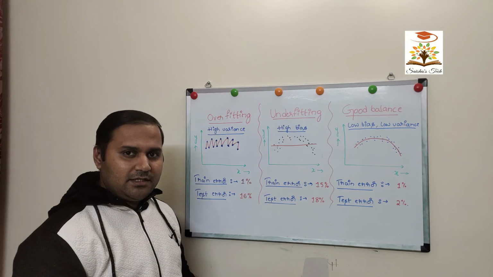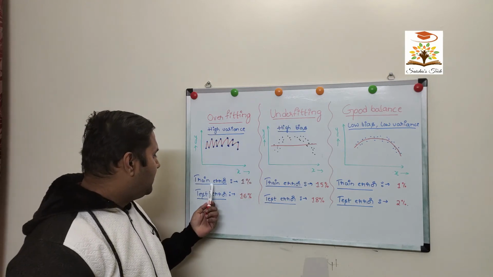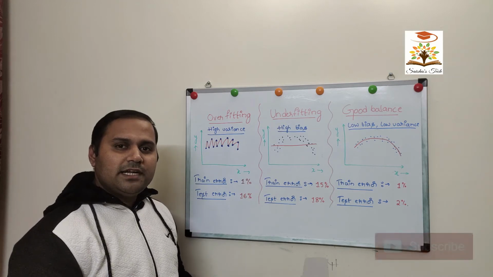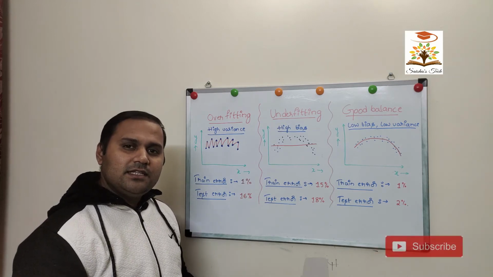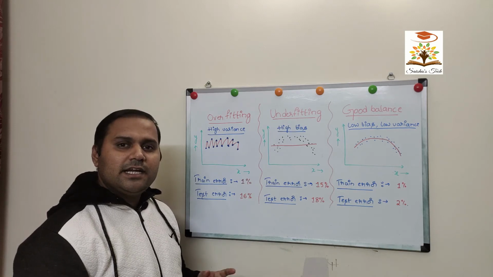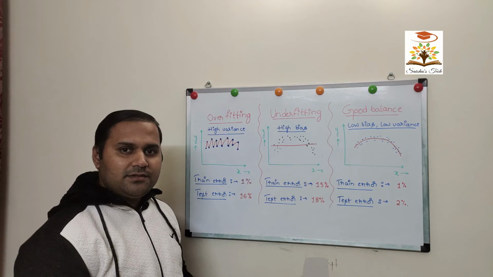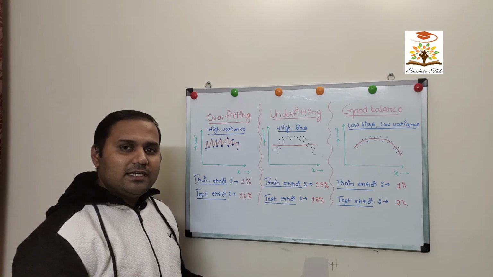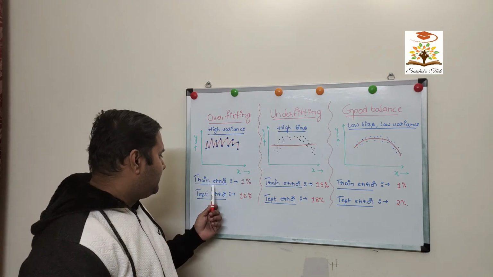In terms of error, we take the train error and the test error; how to split the data into train and test, we'll learn in future videos of the course. If you train the model on a set and you test on that same set, that is called training error.